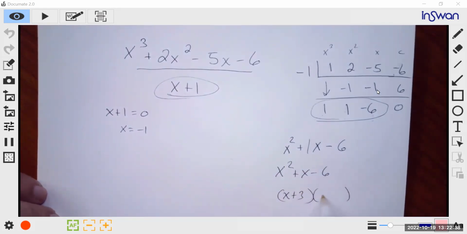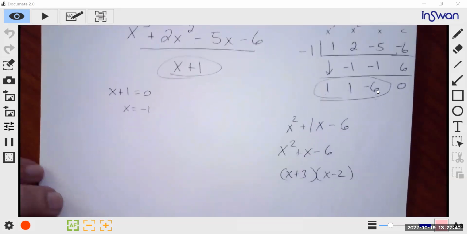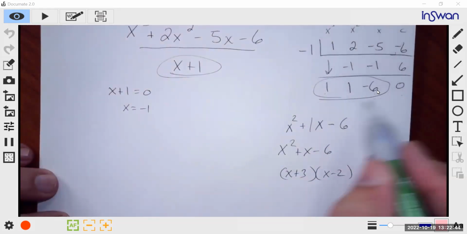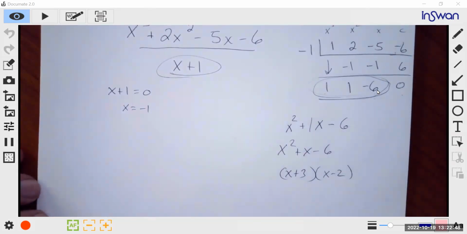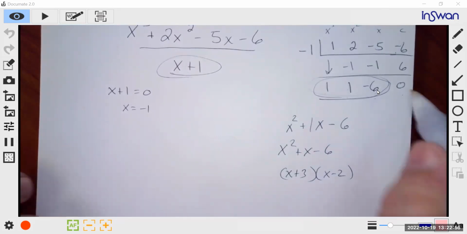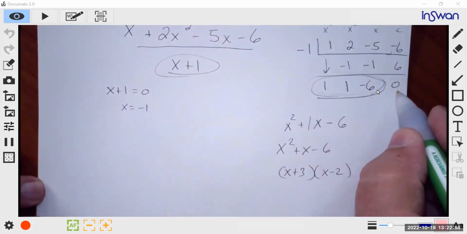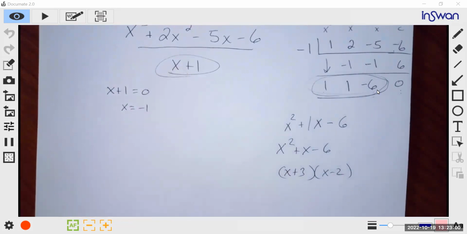X plus 3, x minus 2. So once you find a 0 remainder, just look at what's left, and it builds up from there. Which is what the factor theorem tells us. If your remainder is 0, then whatever the denominator is a factor.